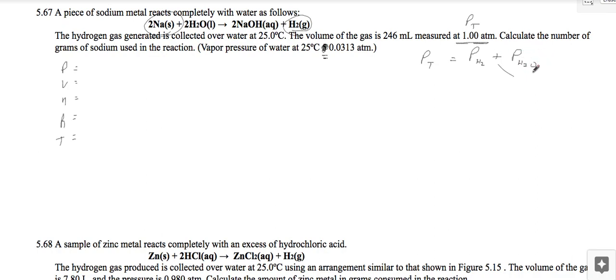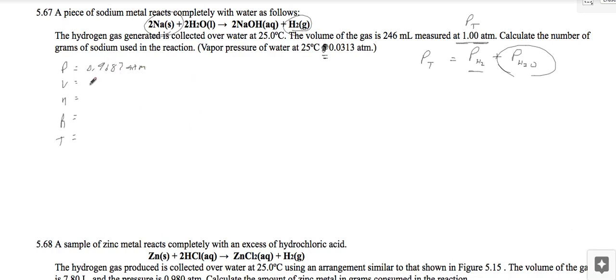We need to subtract out that water vapor to get the partial pressure of the hydrogen, which is what we need to calculate. Remember that this ideal gas law is all for the hydrogen and only the hydrogen, not hydrogen plus water. So subtract out to get the pressure of the hydrogen, and we end up with 0.9687.